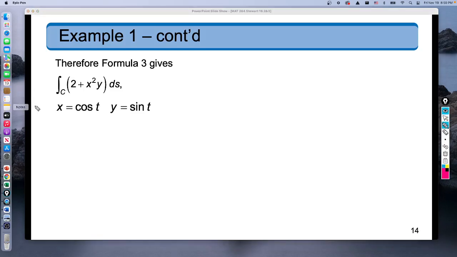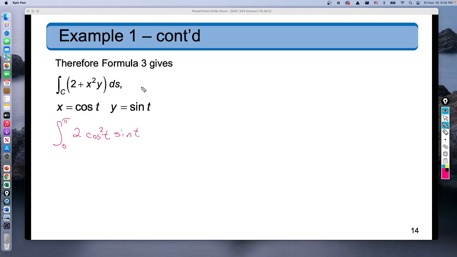So we make this substitution. We're going to integrate, and again, we know we're integrating from 0 to pi because we're just doing the top of the half circle. The 2 is still just 2. x squared is going to become cosine squared t, times y, which is sine t.